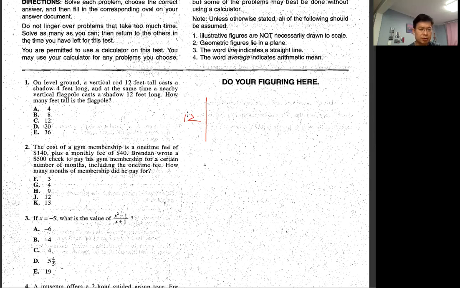So the proportion is: 12 feet tall casts 4 feet long, and then we don't know how tall the flagpole is, but its shadow is 12. So this is basically 3 times this, 36.